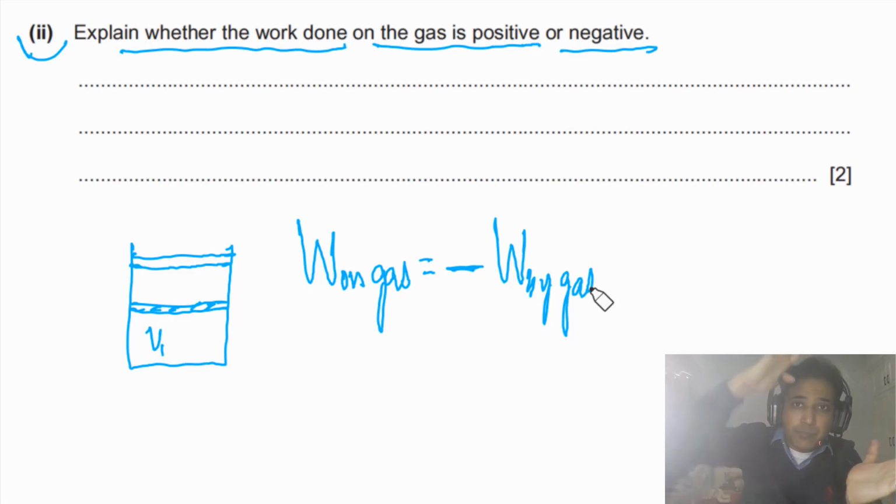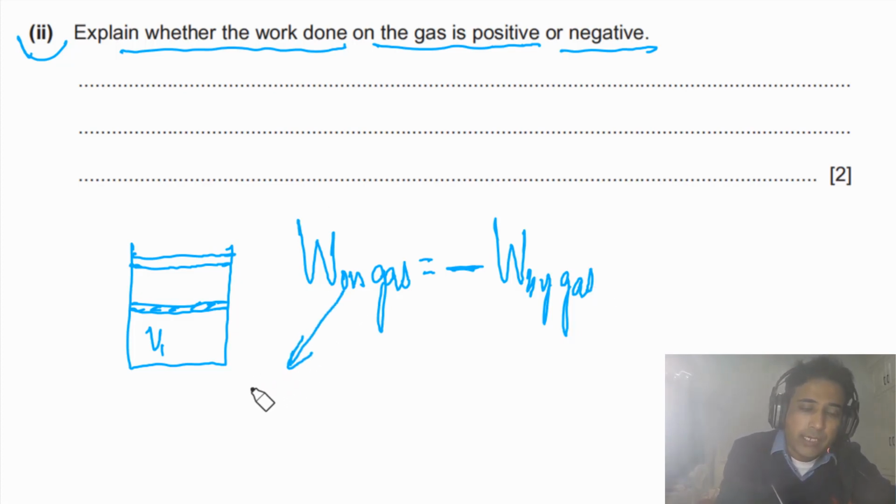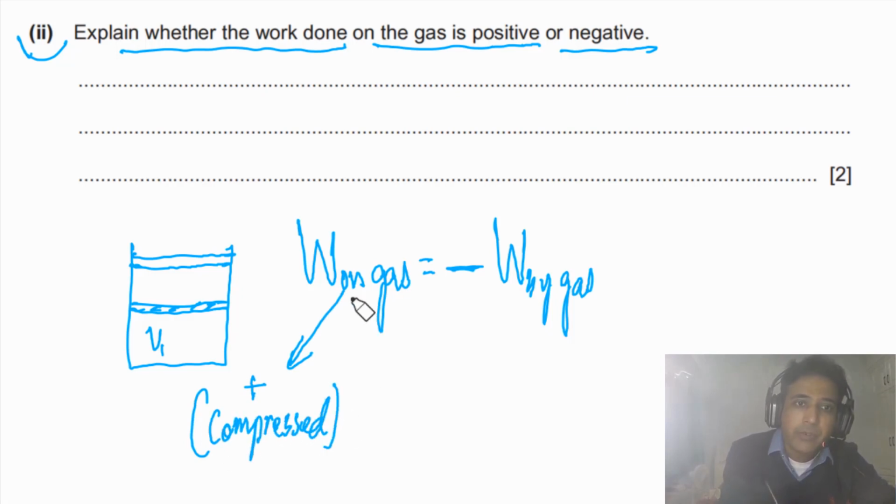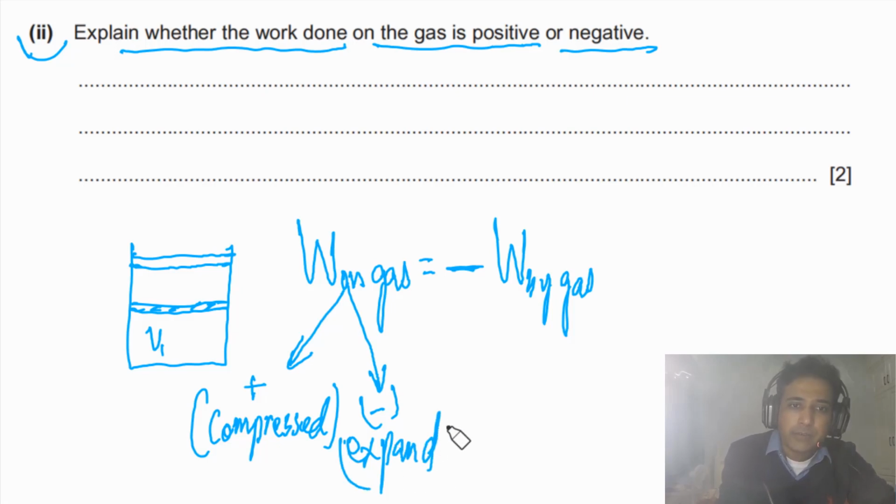So work done on gas is negative because in this case gas is expanding, so work is done by gas. If gas is compressed, you can say work done on gas is positive. This is one thing you can remember: work done on gas is negative if gas expands. So in this case, gas is expanding, so work done on gas is negative and work done by gas is positive.